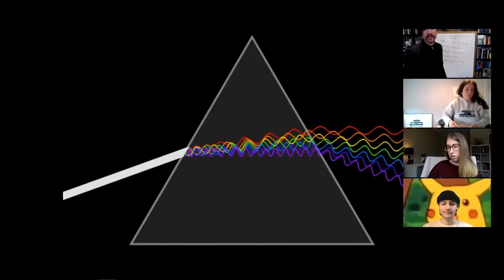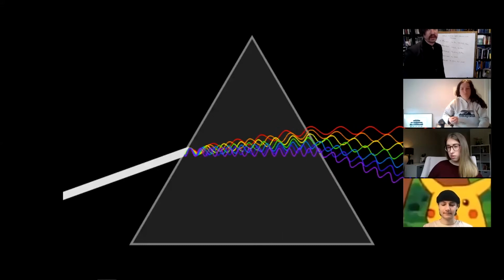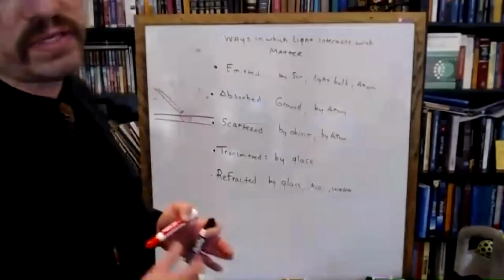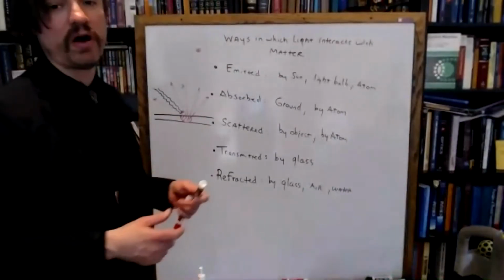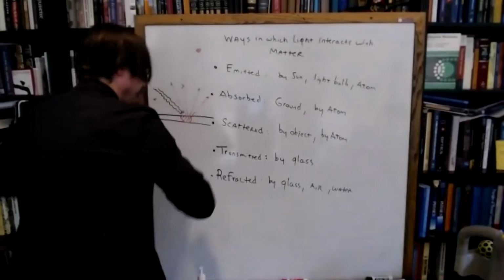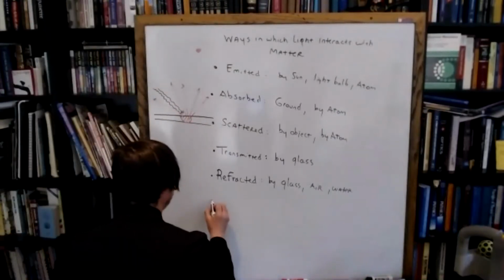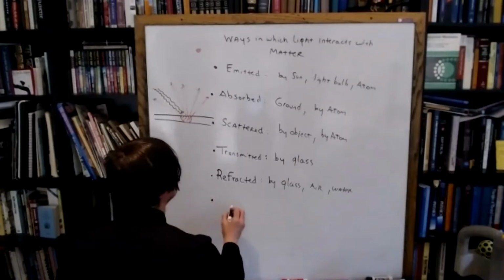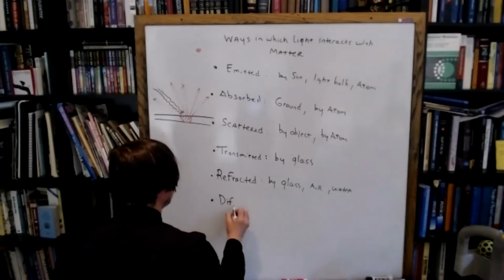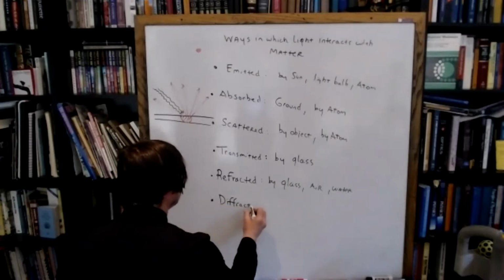And there are a few others that I'd like to talk about. In particular, one that I want to get around to today is diffraction, okay? Light can also be diffracted. And this is part of today's lesson.